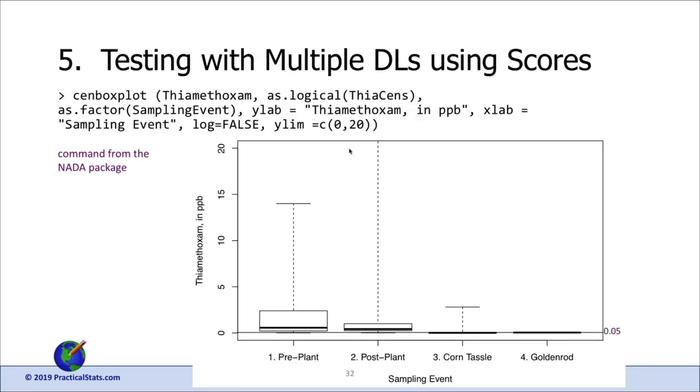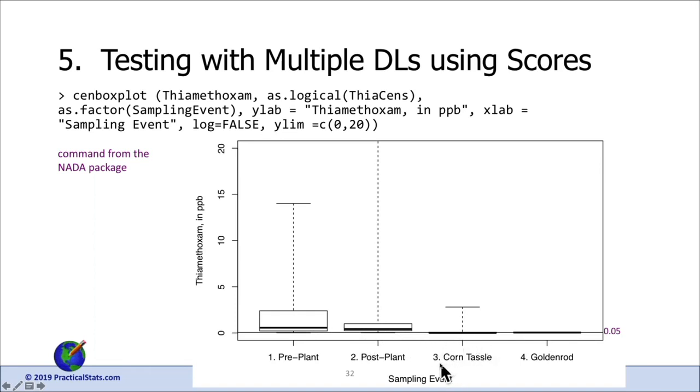So we can do things like comparing multiple groups. This would be a censored data version of the Kruskal-Wallis test, and you saw this if you were in one of the webinars in the last few months. So this is 4 groups of data, one detection limit at 0.05, but varying proportions of data in each of these groups below 0.05.